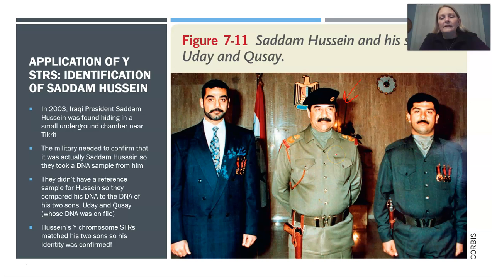So this guy was the mastermind of 9/11 and the attacks on the United States. This happened in 2001. They couldn't find him for a long time, right? But in 2003, they finally found him. He was hiding in a hole, basically.